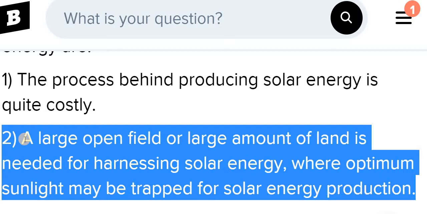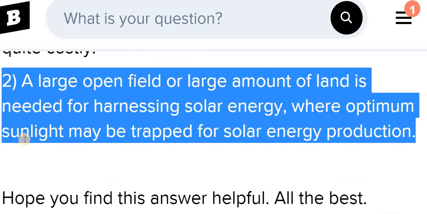And the other limitation is that the output, as compared to the input or the economic cost, is very less. So these are the limitations of solar energy.